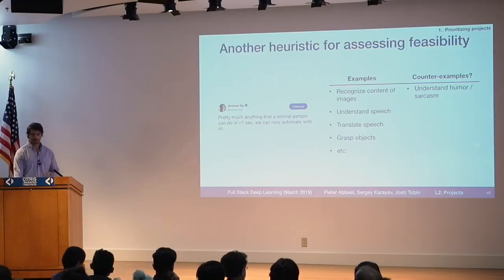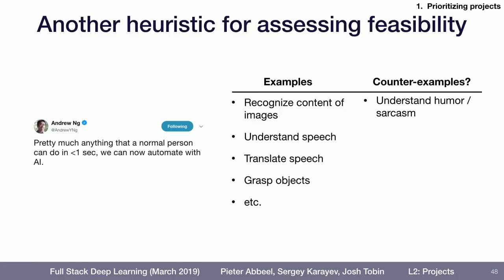Some others I thought of are understanding humor and sarcasm. This is really easy for many of us. Probably not all of us, but many of us. But it's extremely hard to do for computers still. In-hand robotic manipulation. So being able to move my phone around in my hand. We've made a lot of progress on this at OpenAI in the last year or so, but this is still a very hard problem.